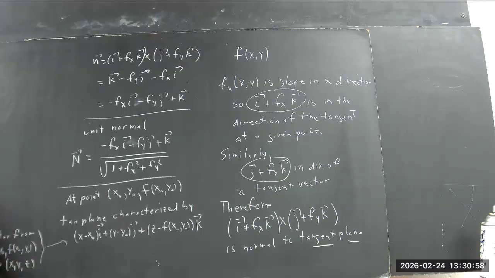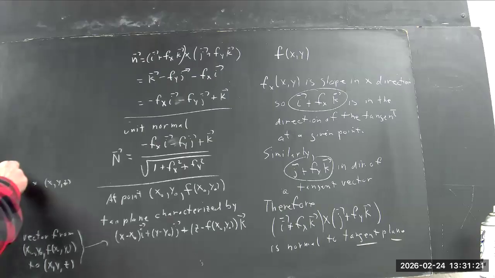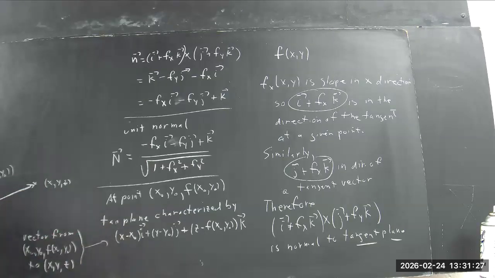So it's x naught, y naught, z naught here, and x, y, z here. Instead of z naught, I write f of x naught, y naught. I've labeled one point, and I've labeled another point, x, y, z. And here's the vector.